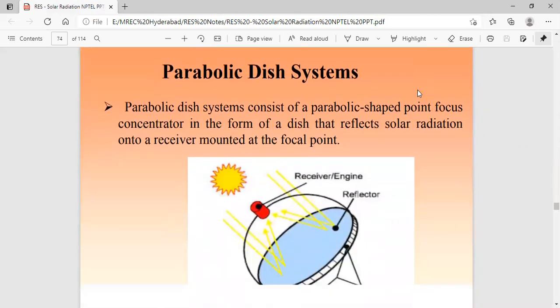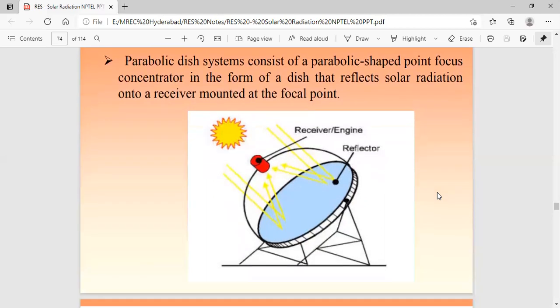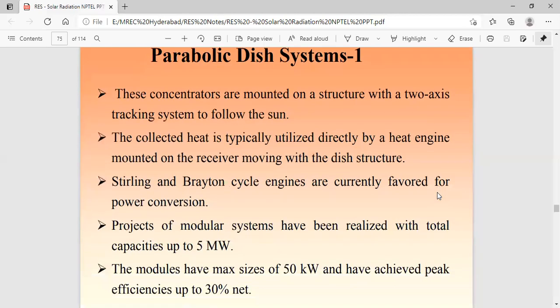So next, the third type is parabolic dish systems. The parabolic dish systems consist of a parabolic-shaped point focus concentrator in the form of a dish that reflects solar radiation onto a receiver mounted at the focal point. These concentrators are mounted on a structure with a two-axis tracking system to follow the sun.